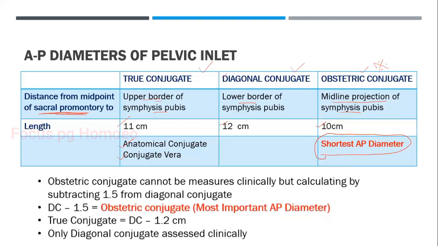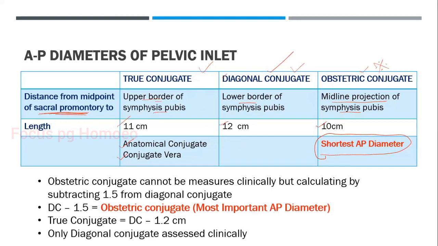Now, one speciality of these three diameters is that both true and obstetric conjugates cannot be calculated clinically by assessing. The only one which can be calculated is the diagonal conjugate. You have to remember, this can be a question.